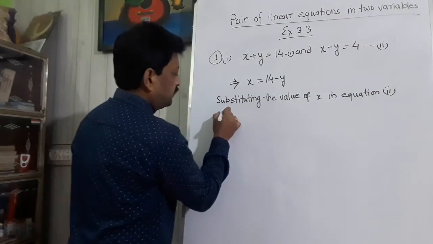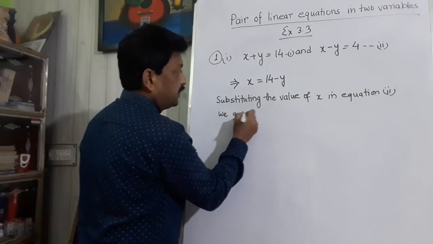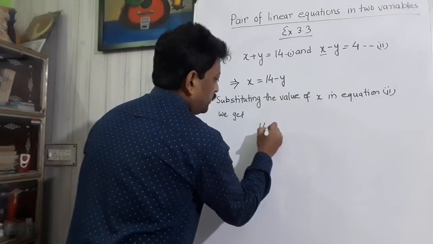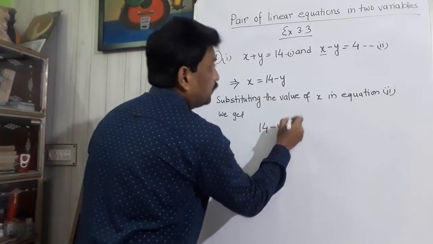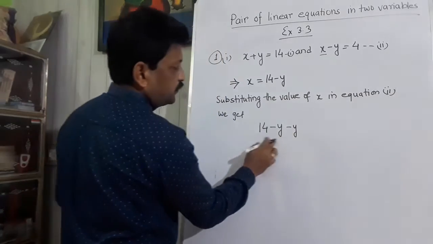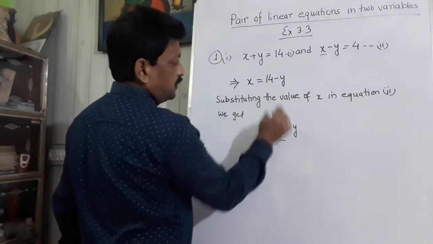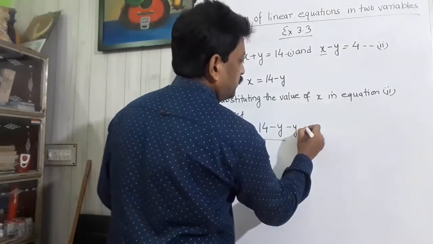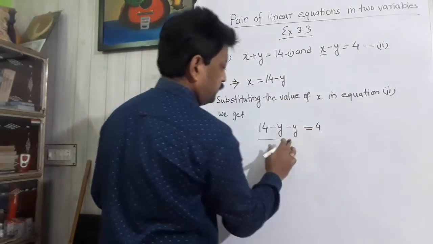What we are getting? We get, so this x will be replaced by 14 minus y, and then minus y is also there. This 14 minus y is the value of x, and minus y is already there, is equals to 4.